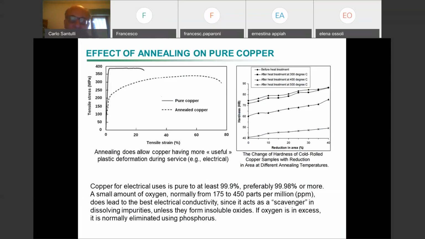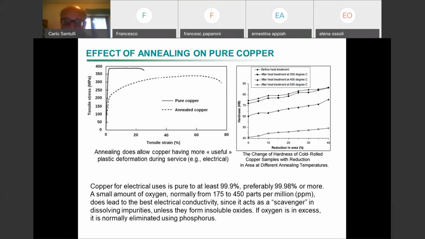This can be used for annealed copper, for some mechanical operations like cold drawing, for example. And there are some other applications, so hydraulics and so on, and also in architecture and buildings.